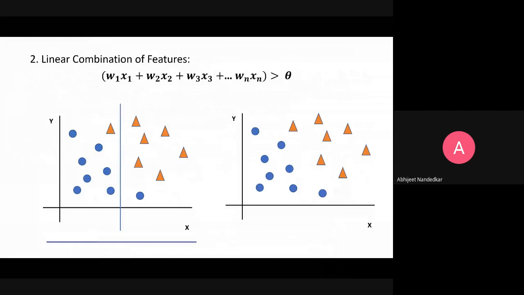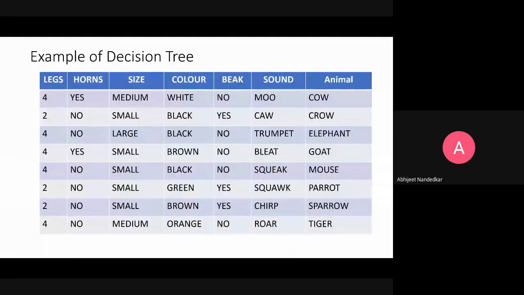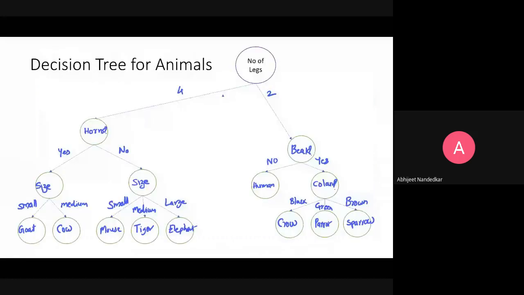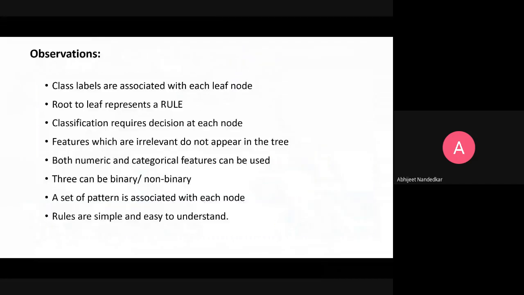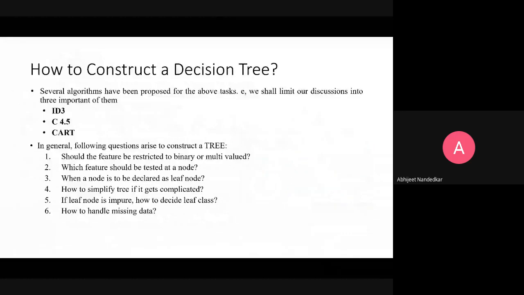In the last class we have seen up to, I think, selection of. Okay, so this was the point that we left off at: how to construct a decision tree. There are several algorithms that have been proposed for the above task.